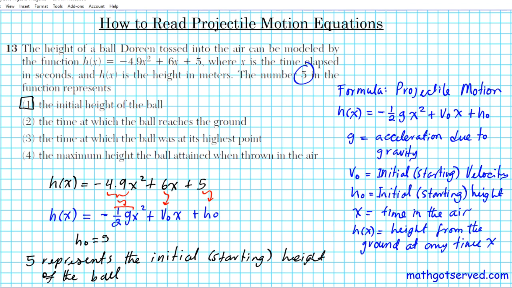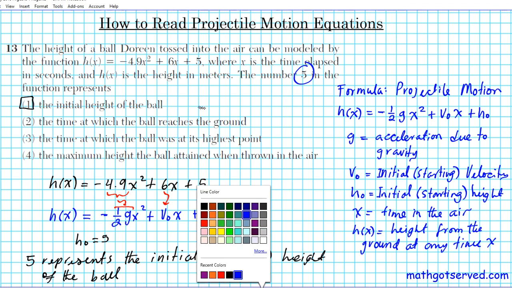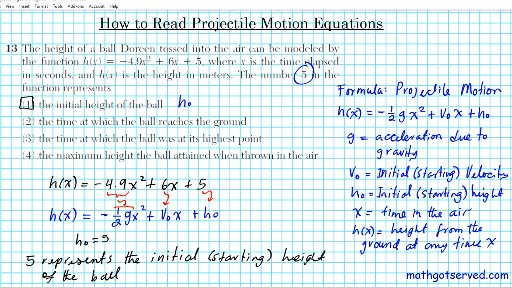Now let's attack the other options, okay? They are important for you to know because on your Regents exam, you might be asked to find the other components. Alright, so for initial height, that's h sub 0. Now, what if you want to find the time at which the ball reaches the ground? When the ball reaches the ground, the height from the ground is going to be 0.